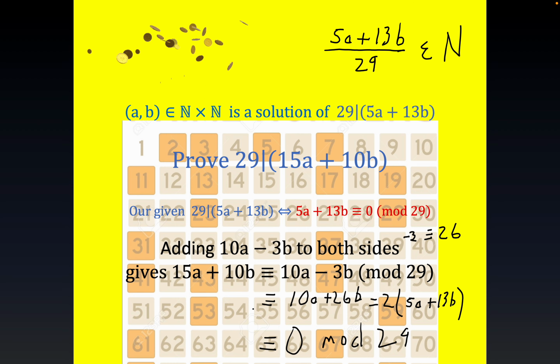Otherwise, if you haven't seen that or you're not familiar with it, you have to go back to sort of a caveman approach. What I mean by that is you would have to write 5a plus 13b equals 29 times some integer.